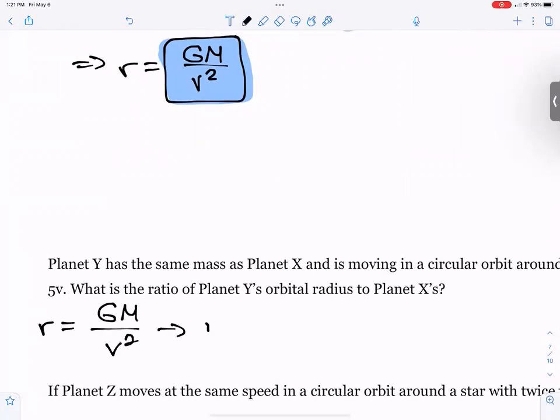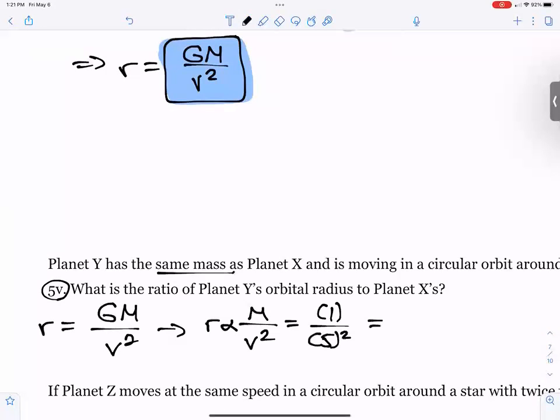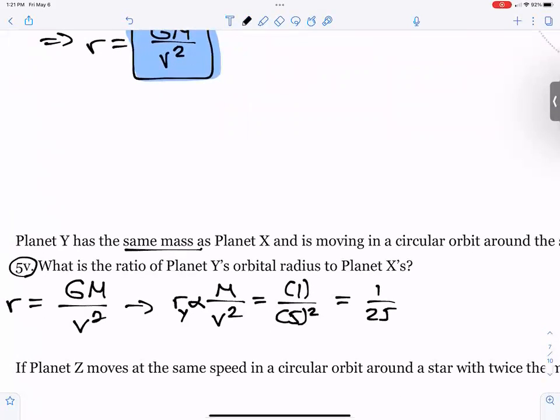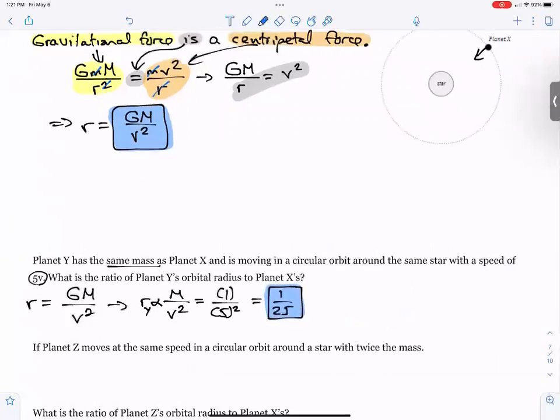What that means is the radius is proportional to just m over v squared because G is a constant. Now, planet Y has the same mass, so I'm going to replace m with the number 1. But the speed is 5 times greater, so I'm going to replace that with the number 5. The ratio of planet Y's orbital radius would be 1/25th that of planet X. What that would mean is the radius would be 25 times smaller.